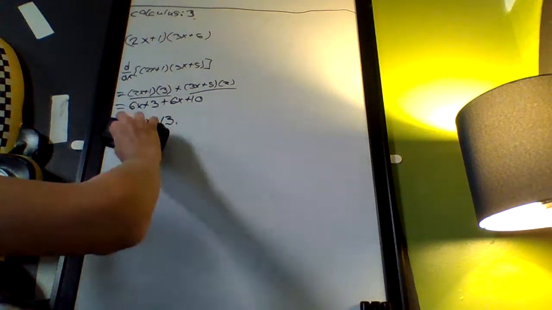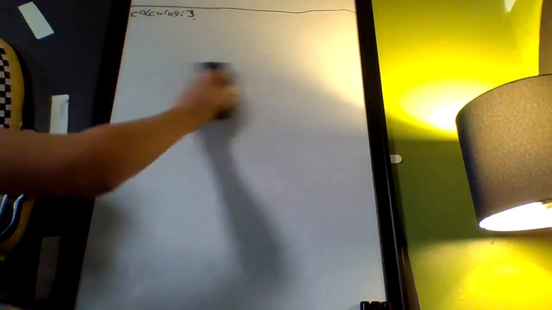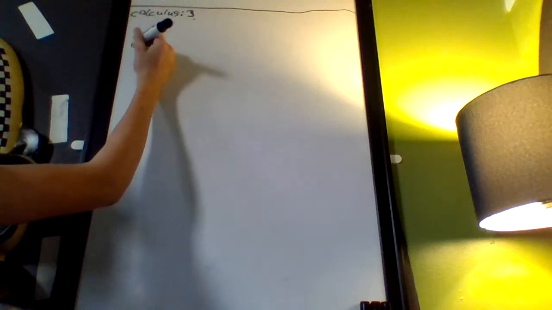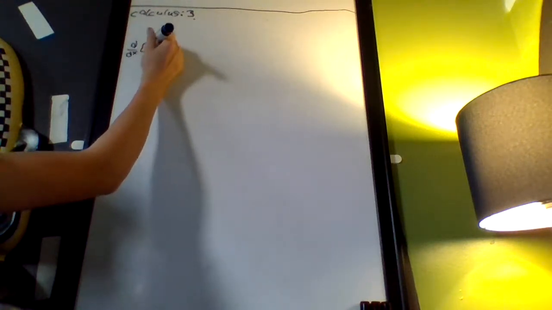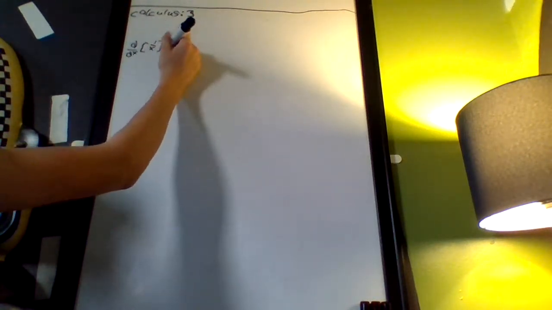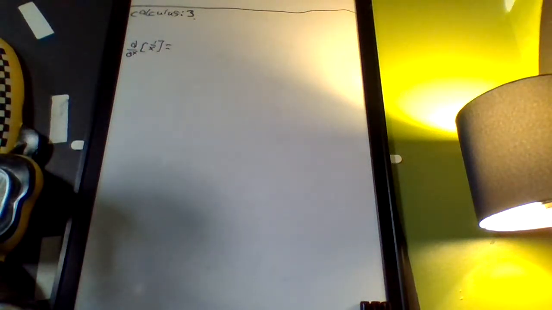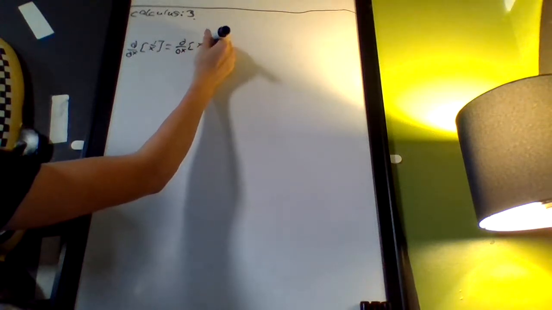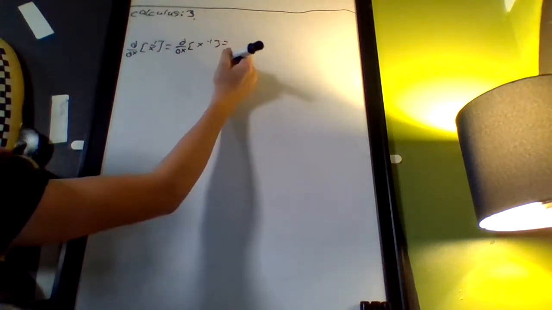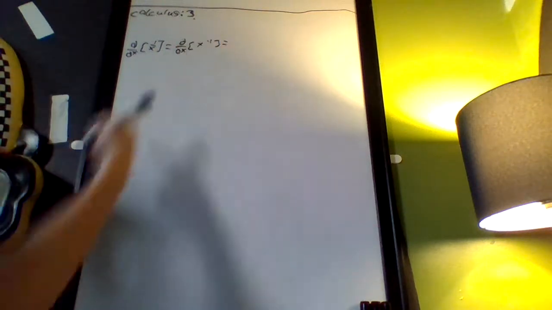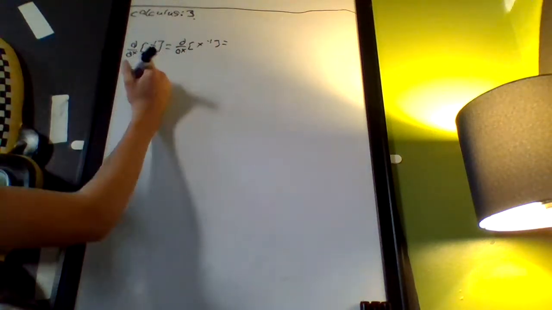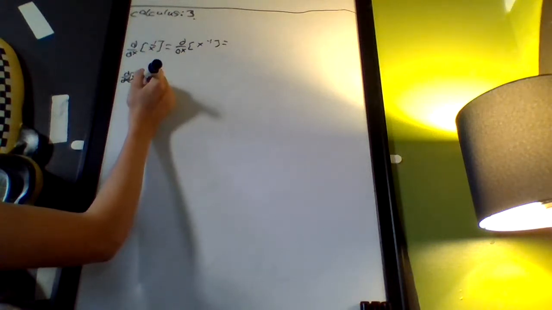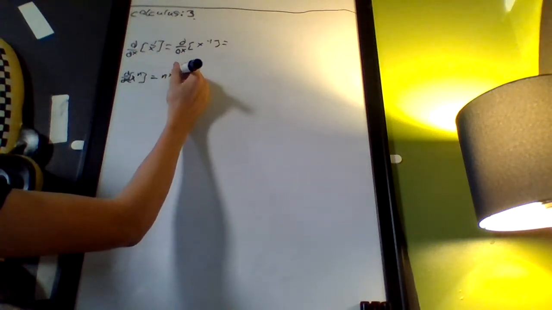Now, let's talk about another thing that might be a little confusing at first. 1 over x, derivative of 1 over x. Okay? Well, we can rewrite this as x to the negative first, which we can then do the power rule, which is that x to the n, the derivative of that is n x to the n minus 1.